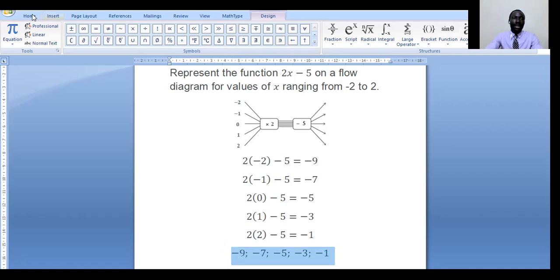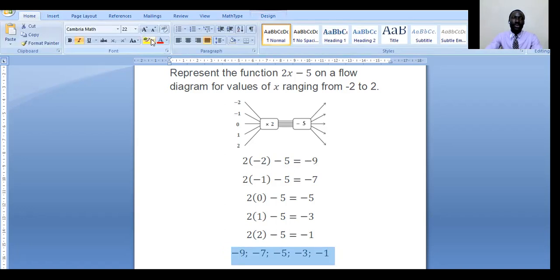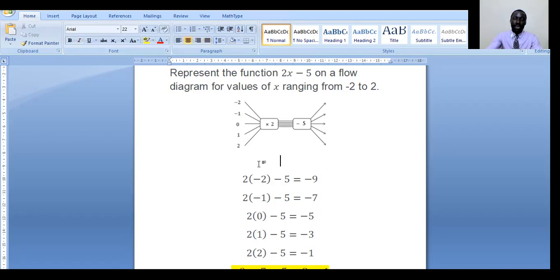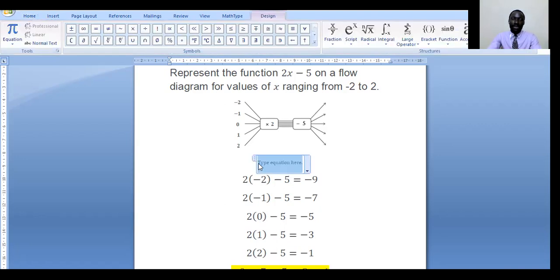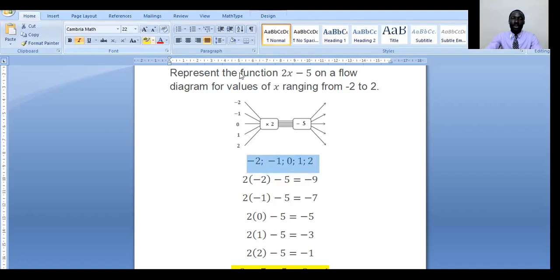And then these other values that we have used to find the output are known as inputs. They range from -2 to -1 to 0, then to 1, and to 2. These values, also known as the values of x, are called the inputs.